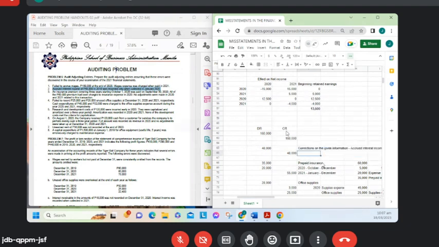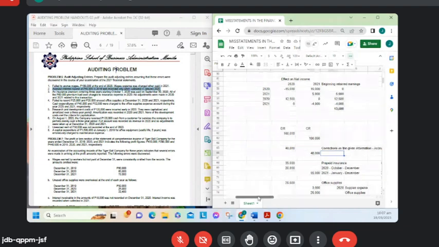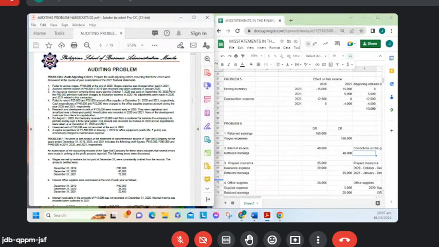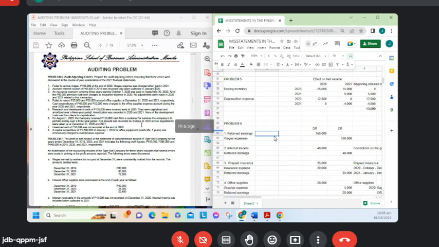So this is the entry, no? If we are going to correct this 2020 and 2021, no? Accrued interest in 2020 but was only recorded or collected in 2021, no? And Winsal is correct as well. So if we are going to retain this, no?